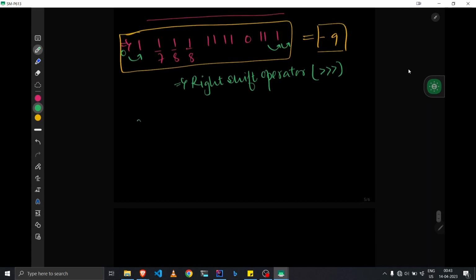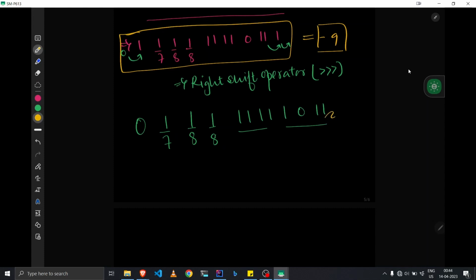Now we'll be having a 0 followed by 7 ones, followed by 8 ones, 8 ones again, 1 1 1 1 1 0 1 1. That's 4, right? So that is the number that we should be getting, right?